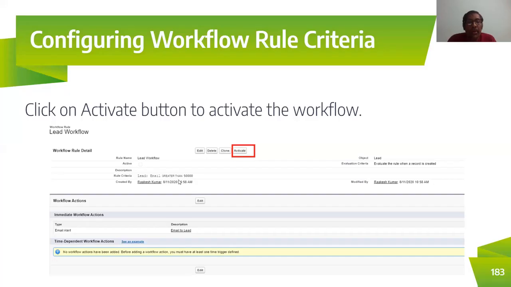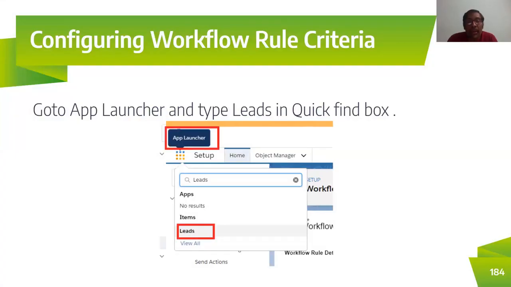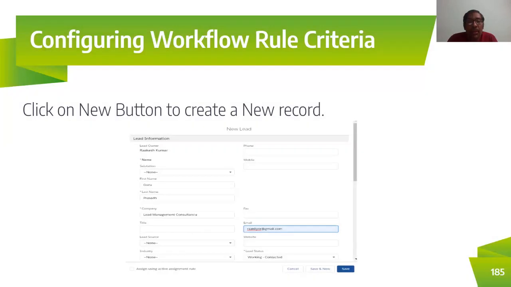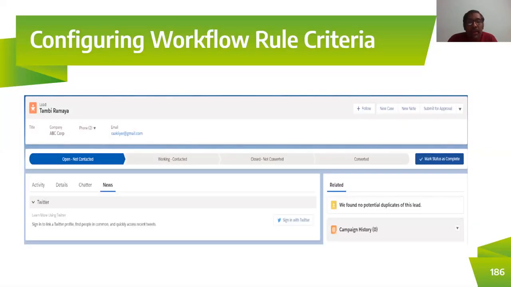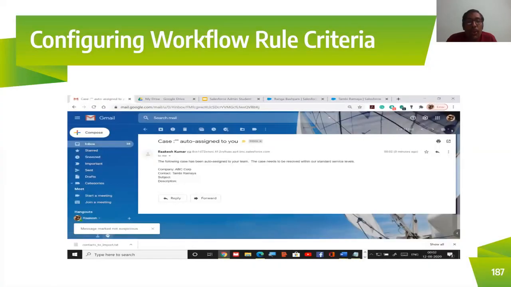I think you understand how to configure your workflow rule with respect to standard object. Finally, you click on app launcher and enter all these details. Then you come back to the workflow rule criteria here, mark status is completed. Once you do all this, finally you get a mail like this.